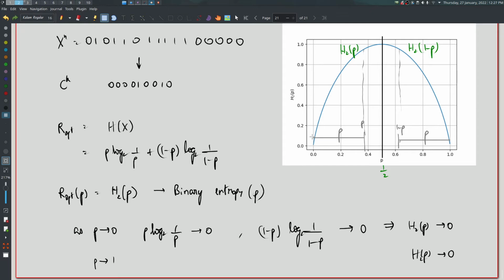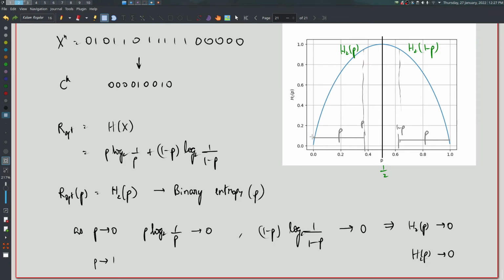Intuitively you're getting less information, because the easier it is to predict, the less information you get by observing the outcome, and the harder it is to predict, the more information you get after observing the outcome.